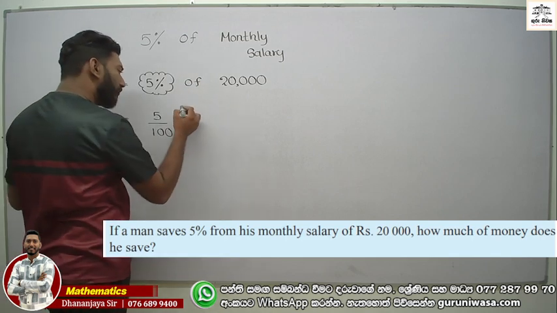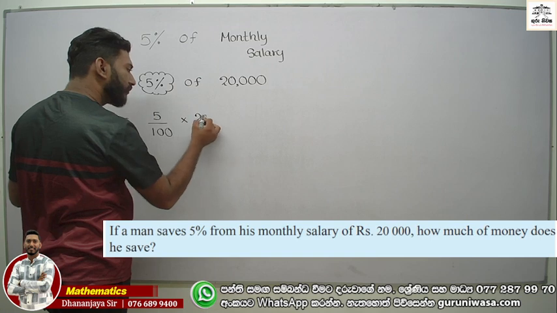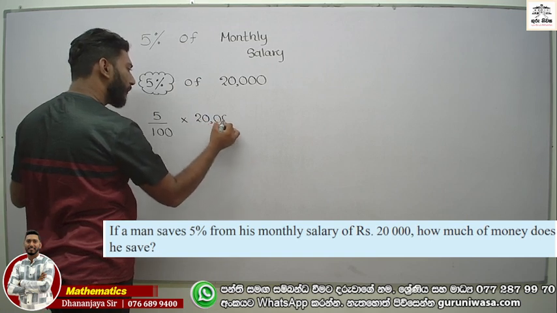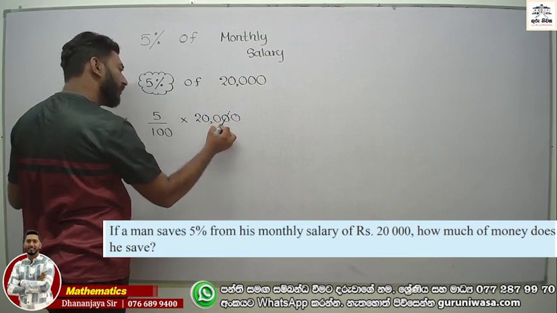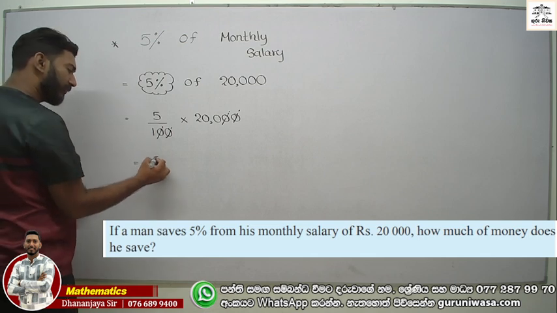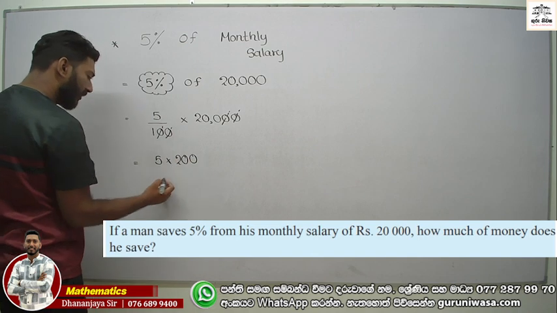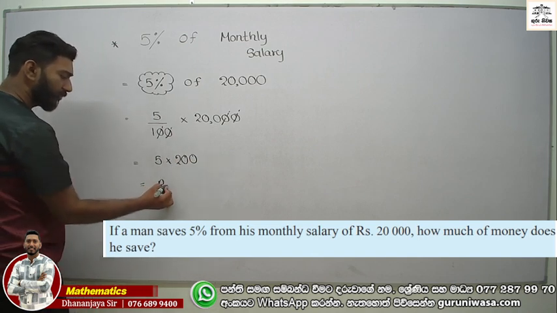Therefore, of means multiplication. Now this is 20,000. Now cut two zeros with two zeros. Now the answer becomes 5 multiplied by 200. It should be 1,000 rupees.